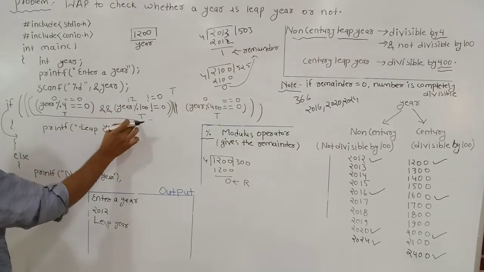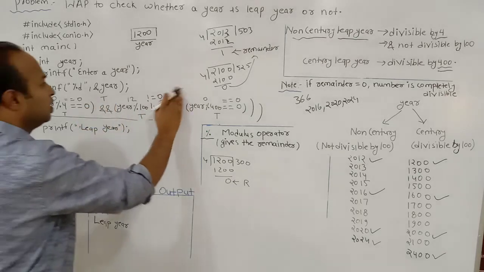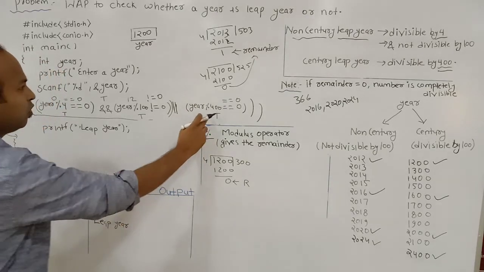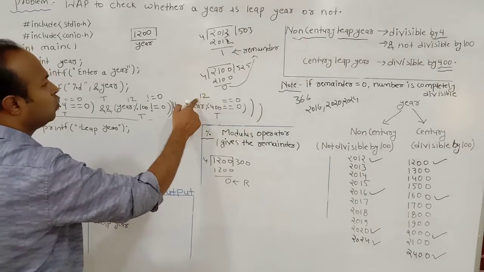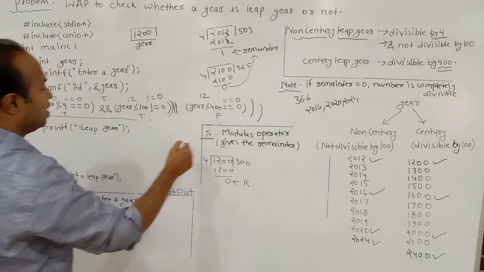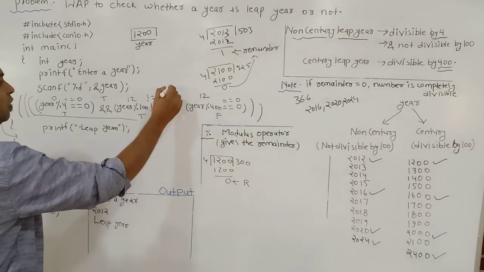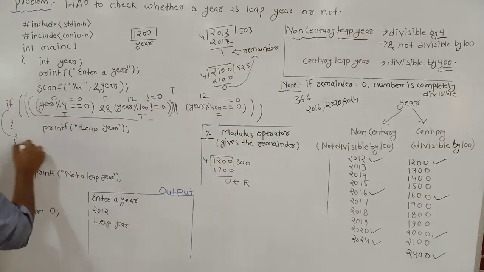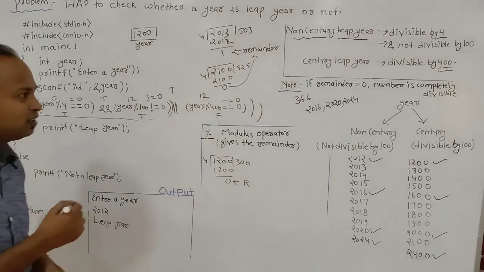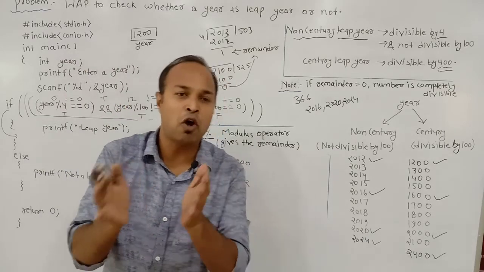If both conditions are true, the AND operator returns true. And here we divide 2012 by 400 and get the remainder 12. 12 can't be equal to 0, so this condition will be false. Here the whole condition is true and this condition is false, and the OR operator will return true. We move inside the if block and print leap year. So this is a simple program to check whether an entered year is a leap year or not.